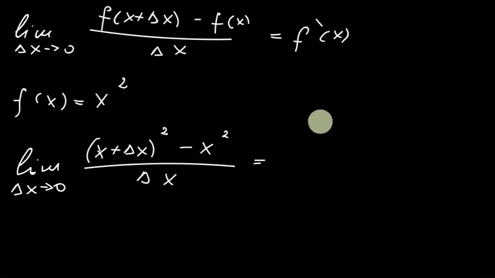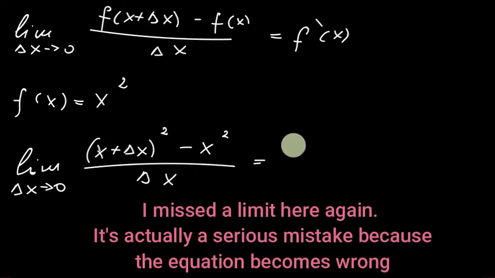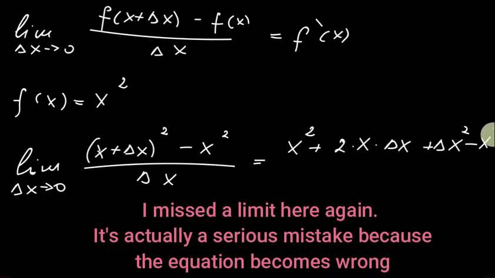We need to use a formula here to open these brackets. We get x squared plus 2 times x times delta x plus delta x squared minus x squared, divided by delta x.